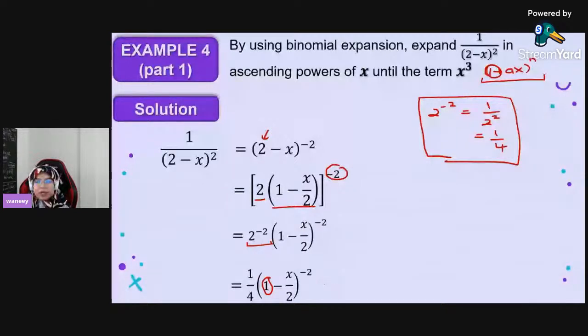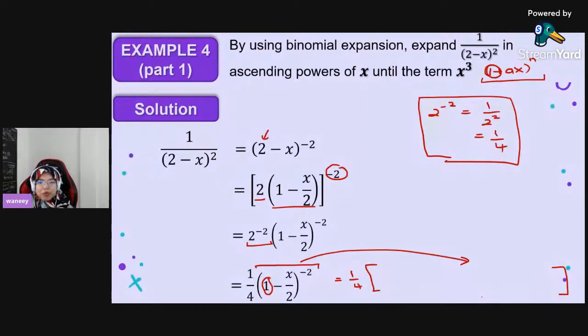For you to continue from here, make sure you use 1 over 4 and make a big bracket, so that you can see what happened after you expand 1 minus x over 2 to the power of negative 2. You expand this, put them inside the big bracket, simplify everything inside the bracket, and then multiply back with 1 over 4.